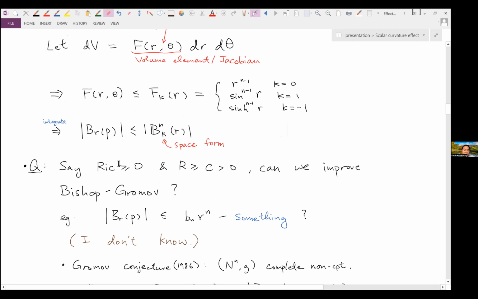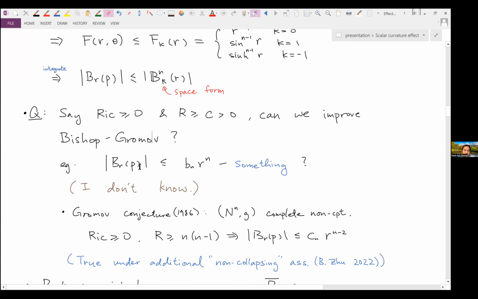Now a natural follow-up question is that, let's say we have a Ricci curvature lower bound, let's say non-negative Ricci, and then the scalar curvature lower bound is actually better than taking the trace of this inequality. Let's say R is bigger than or equal to a positive number C. Then can we improve Bishop-Gromov? Because even if the Ricci curvature is only known to be non-negative, the scalar curvature is actually bigger than 0.